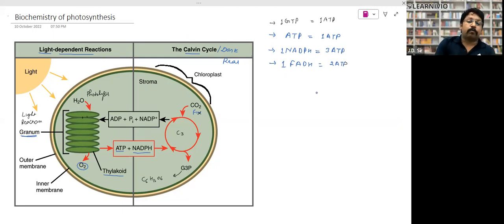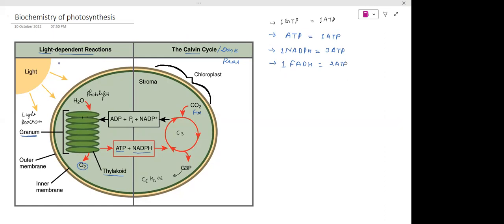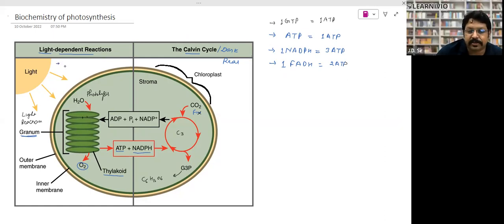One more important thing I want to add: light reaction has one more name, with the name of a scientist. It is also known as the Hill reaction, right? So the light dependent reaction, or light reaction, is also known as the Hill reaction. Clear?